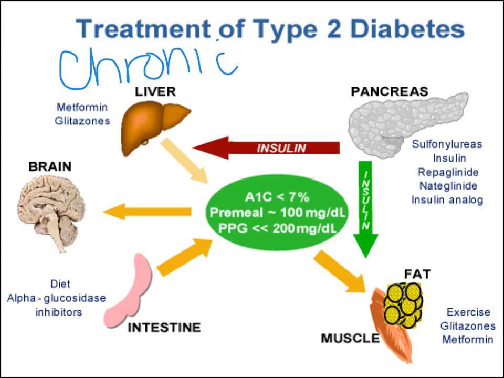When we're looking at diabetes and our goals, we want to decrease the symptoms the patient's having, promote well-being, make sure there are no complications of hyperglycemia, and prevent or delay the onset or progression of the disease. There are a lot of different ways to do this, and this picture is just showing that.